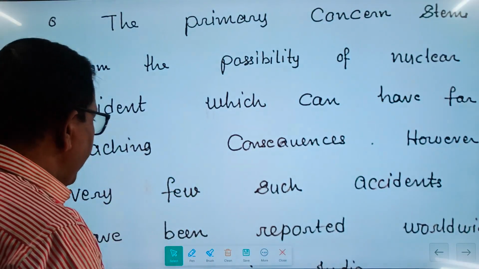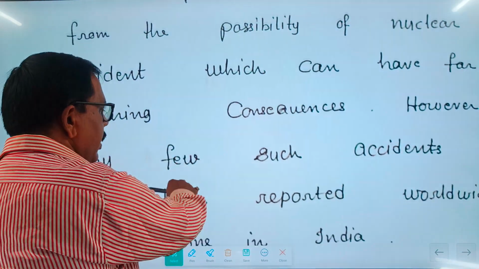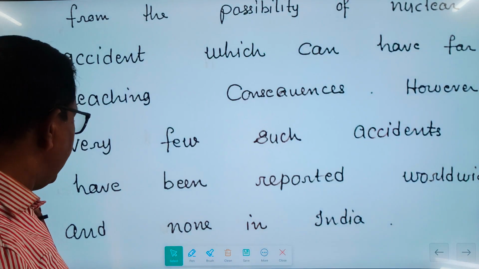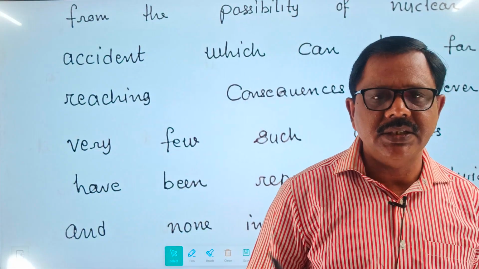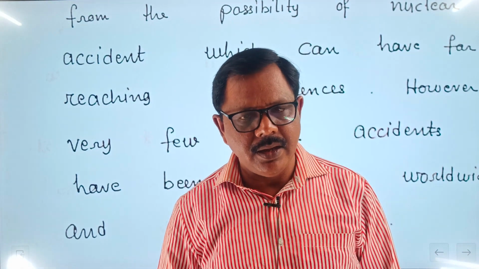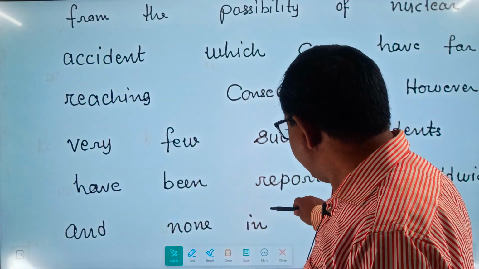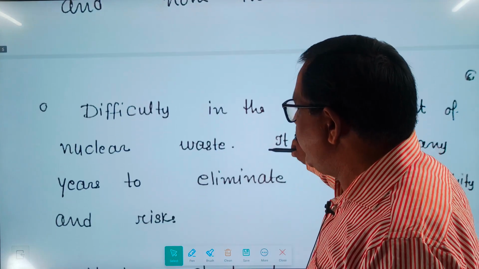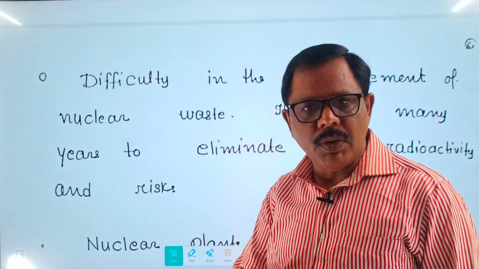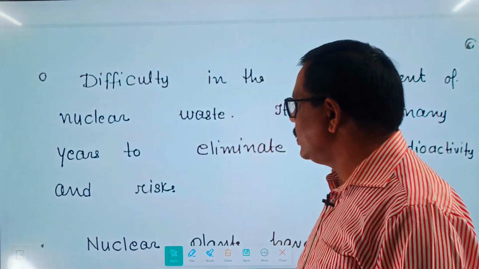However, very few such accidents have been reported worldwide and none in India. This is also a truth that till now no such incident or accident took place in India. So you can say we are in a safe condition in this regard. So regarding the fears and facts, you are going to mention this type of points.